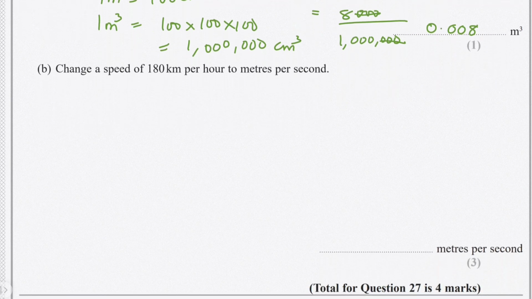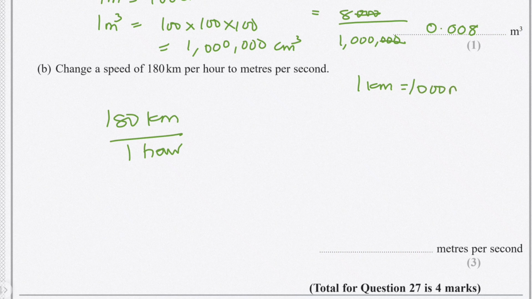Change a speed of 180 km per hour to meters per second. So 180 km per 1 hour to meter per second. 1 kilometer equals 1,000 meters, and 1 hour equals 60 times 60, which is 3,600 seconds.